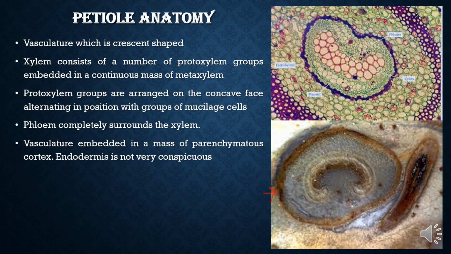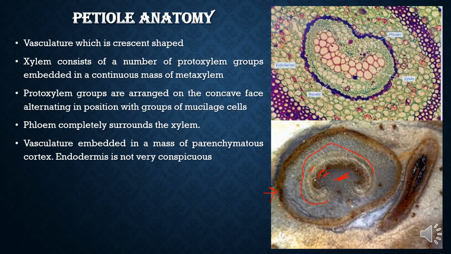In this diagram, we see that it is almost circular in outline, and it has got a horseshoe shaped vasculature. And inner to it, in this region, there is the parenchymatous region. This is the xylem, the brown region is the xylem, and this is the phloem.